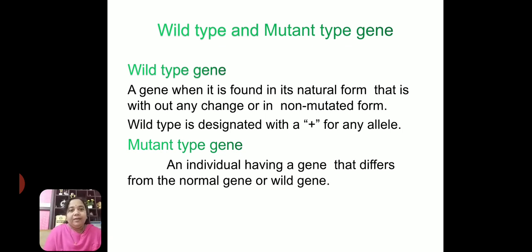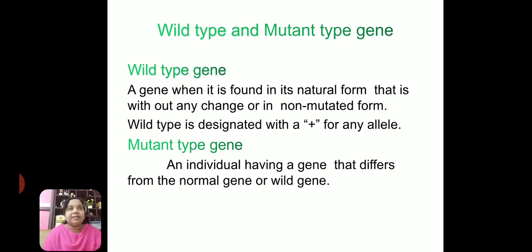In comparison to the wild type gene, we have another type called the mutant type gene. So an individual having a gene that differs from the normal gene or wild gene. The wild gene is a gene which does not have any change.